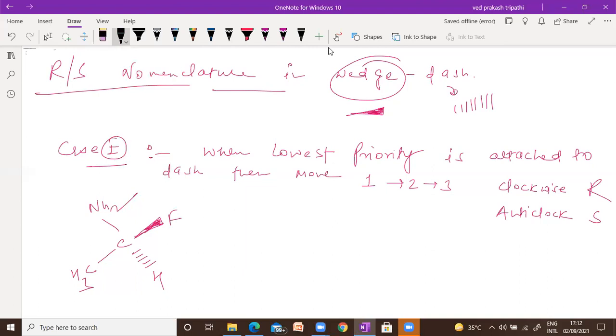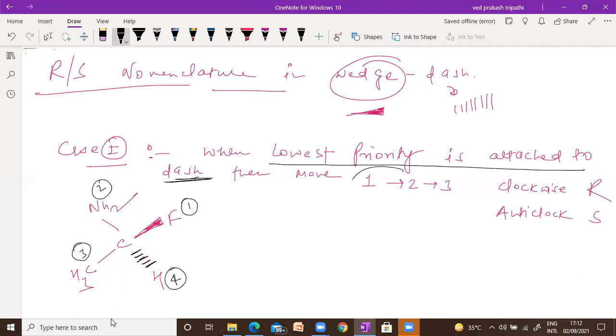As you can see, fluorine is 1, nitrogen is 2, carbon is 3, and hydrogen is 4. So which one is your lowest priority? The number 4 position is your lowest priority, and you can see the lowest one is attached to the dash.